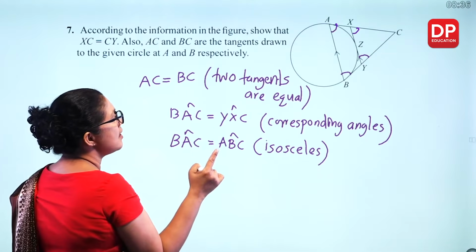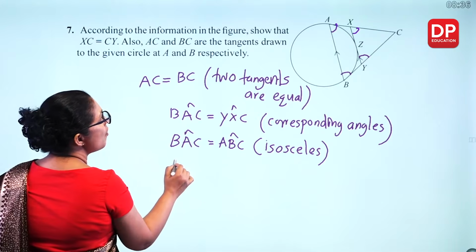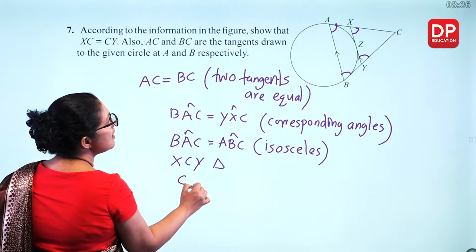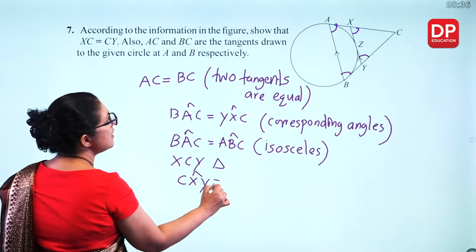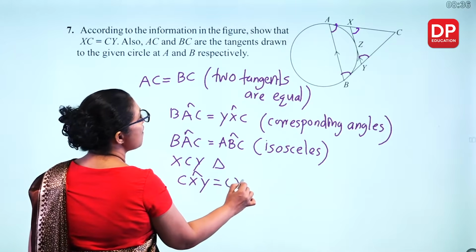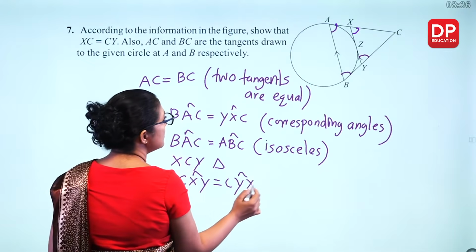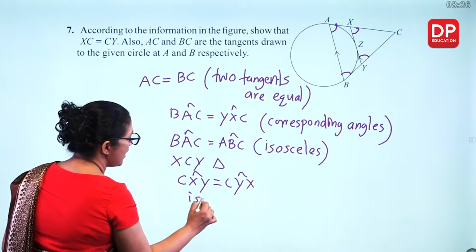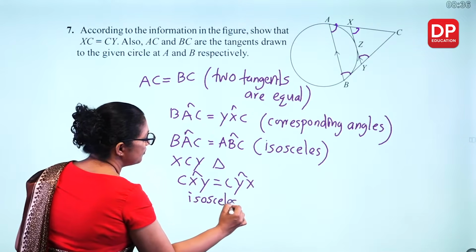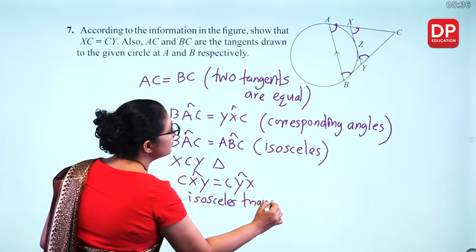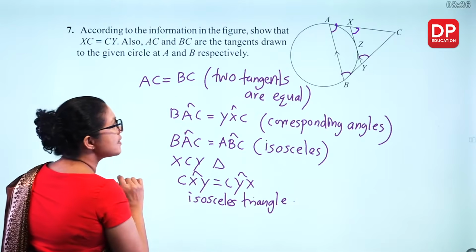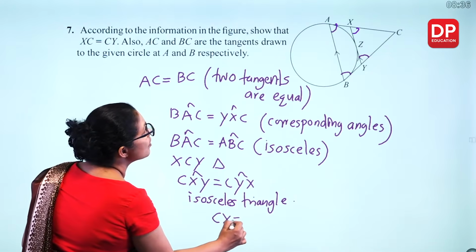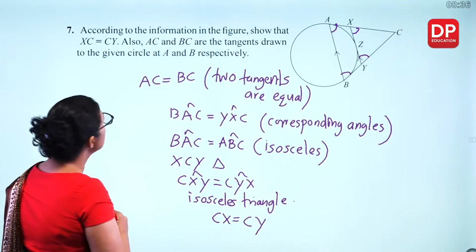Then that one is equal to this one. Now we'll take XCY triangle. CXY angle is equal to CYX angle. Then it's an isosceles triangle. So if it's isosceles, CX is equal to CY.